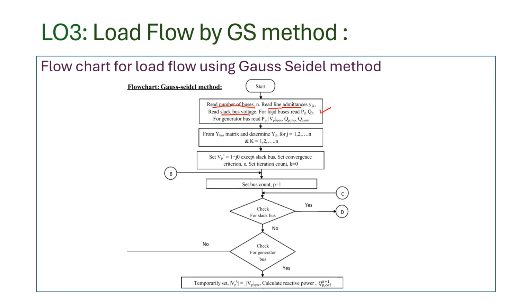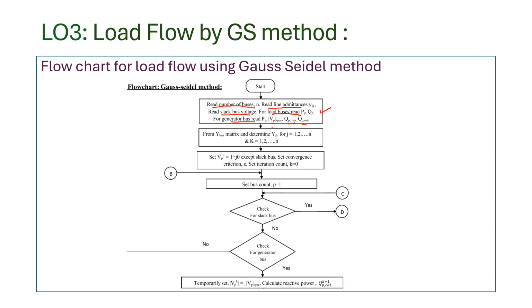Then for load buses we have to read the active power and reactive power specified for that bus. For generator bus we have to read the active power specified and the voltage specified at that bus. Along with that, if there is a reactive power generation limit, that is Q max and Q min, for that particular generator.